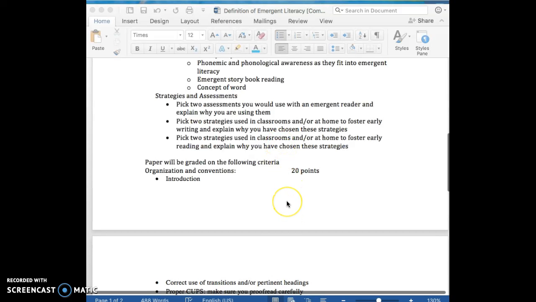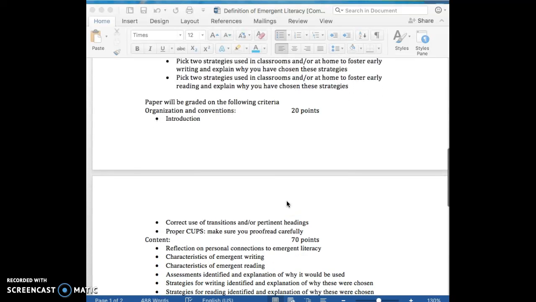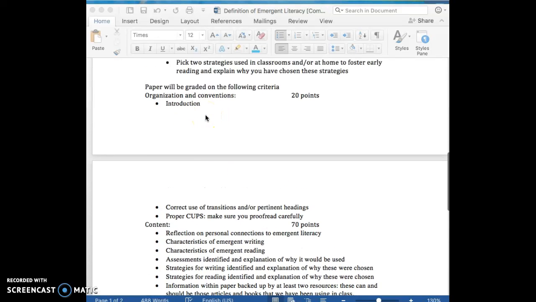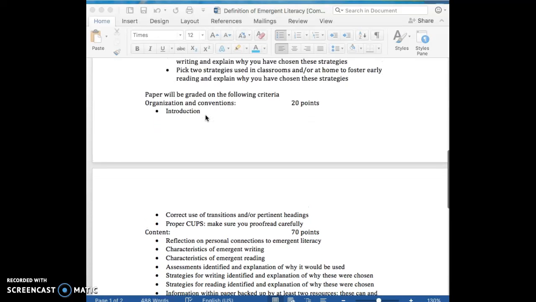Okay, briefly I'm going to go through the points. So for your organization, you're going to get 20 points, and what I'll be looking for there is an introduction. So we didn't talk about that here at the beginning, but probably what you want to do in your introduction is just say what you're talking about in this paper. Sometimes the introduction is best written after you've written the rest of the paper.